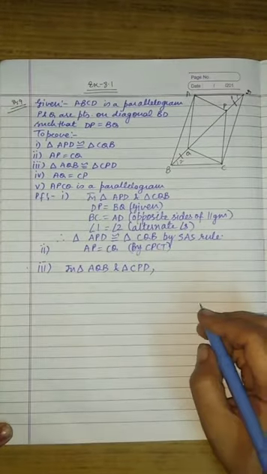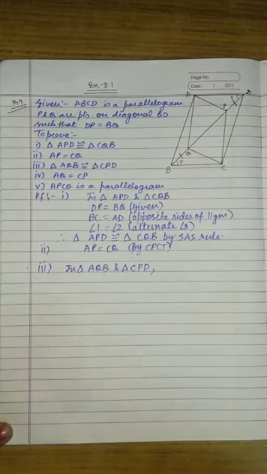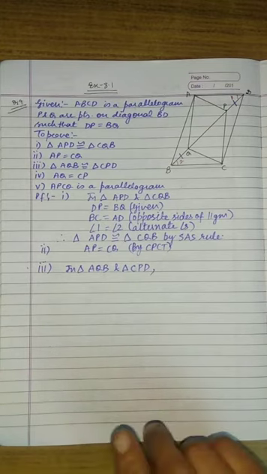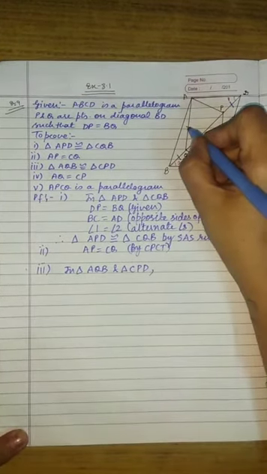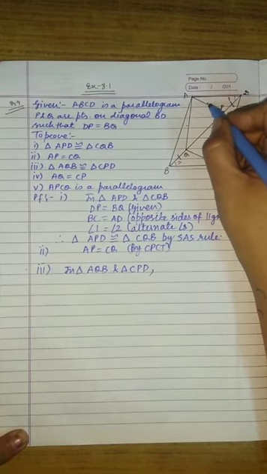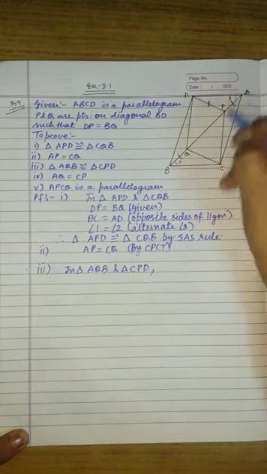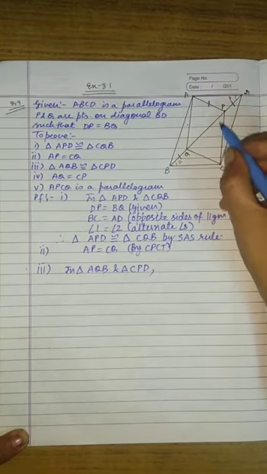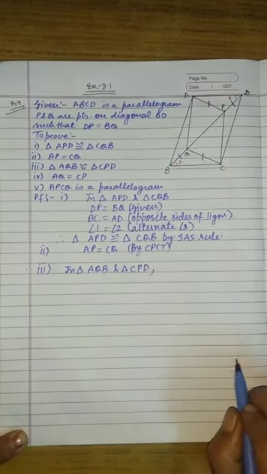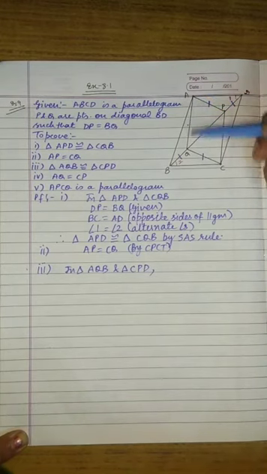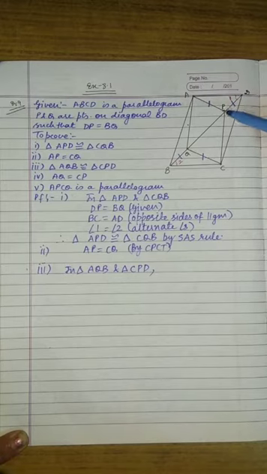For these two triangles, in the first and second parts we have proved that AP is equal to CQ by CPCT. Now we are taking triangle AQB and triangle CPD.